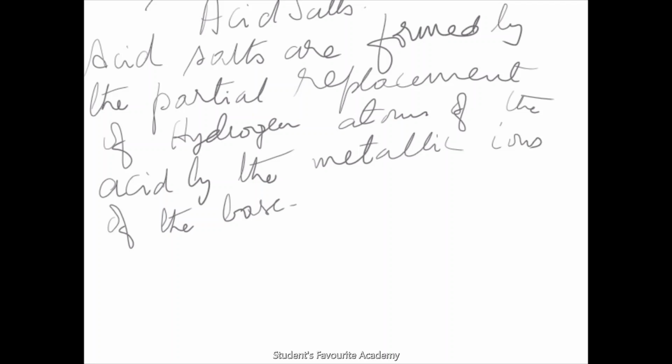Now there is another type called basic salt. Now you can very well guess what is basic salt. Basic salts are formed by the partial replacement of hydroxyl group of the base by an acid radical. That means these basic salts are formed by the incomplete replacement of hydroxyl ions of the base.